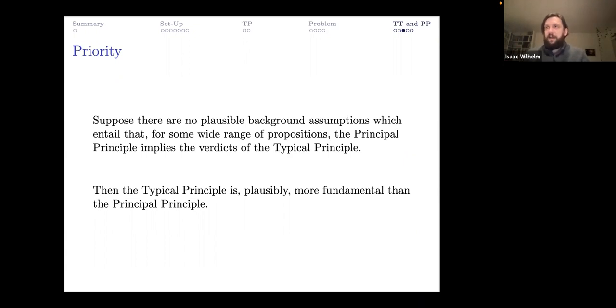At one point I use something like: if it's rational to believe something about a chance, you should have a certain corresponding credence. The flip of that, to try to derive a big chunk of the typical principle from the principle, would look like this: if you have a certain credence, then there's got to be a certain sort of objective chance associated with it.